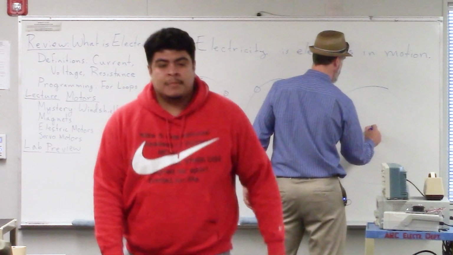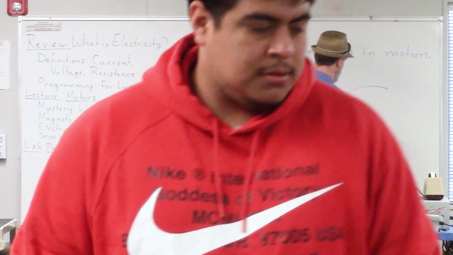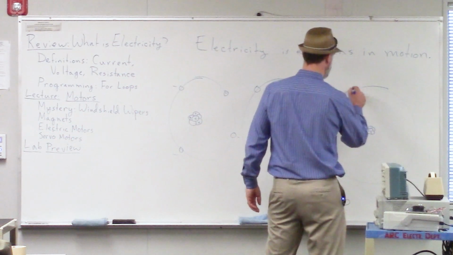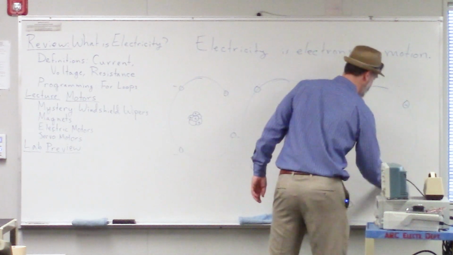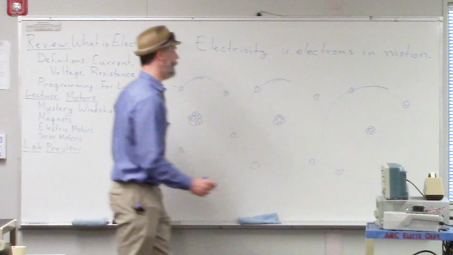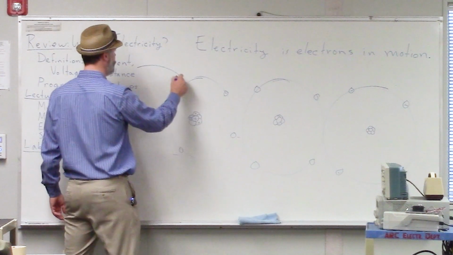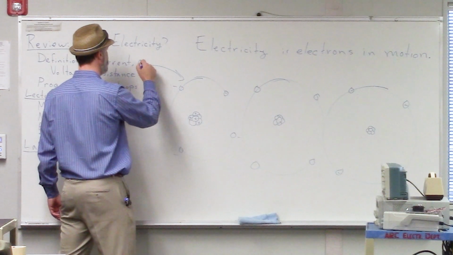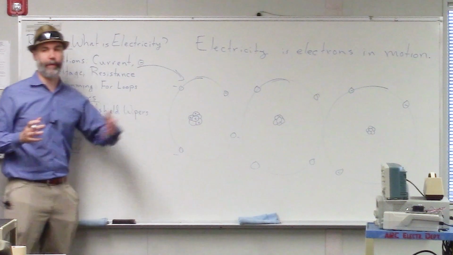When you have the same number of electrons and protons on each of the atoms, then everything's happy and balanced. But it doesn't always stay that way. It's possible to push some extra electrons into this system. So you could shove an extra electron on here, and then that kind of throws things out of balance.